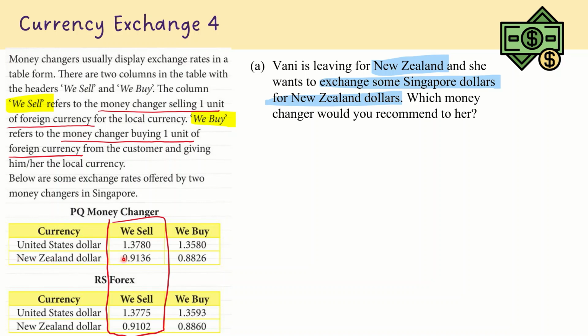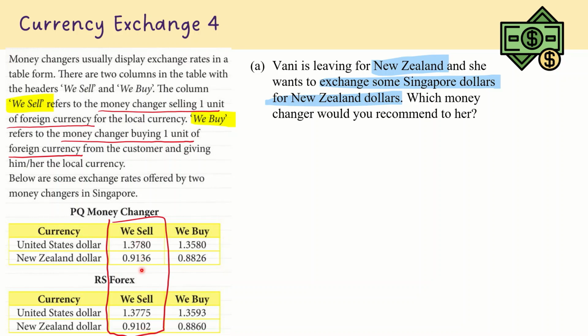So for PQ money changer, for 1 New Zealand dollar, Vani has to give 0.9136 Sing dollars. On the other hand, for RX Forex, for 1 New Zealand dollar, Vani has to give 0.9102 Singapore dollars.